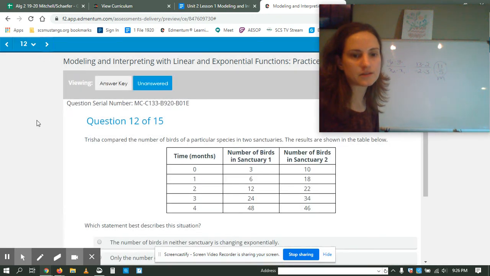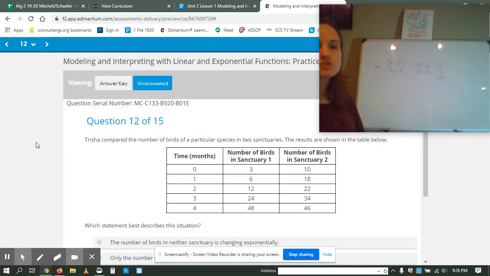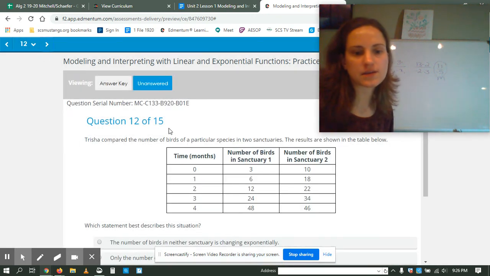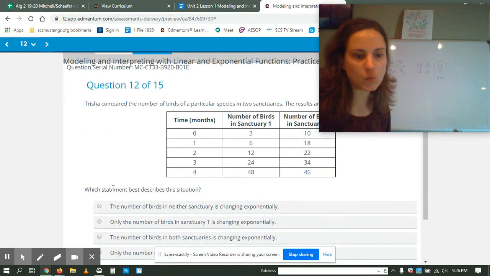Looking at 12, Tricia compared the number of birds of a particular species in 2 sanctuaries. The results are shown in the table below. So we've got our time in months, 0, 1, 2, 3, 4. We've got the number of birds in sanctuary 1, 3, 6, 12, 24, 48. And then they give us a list for the number of birds in sanctuary 2. Which statement best describes the situation?